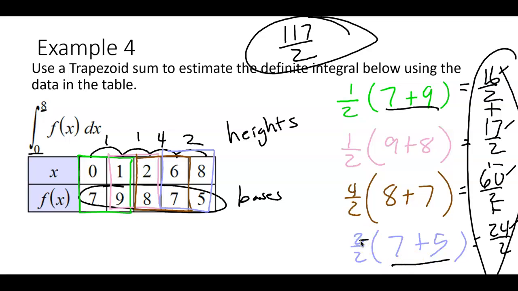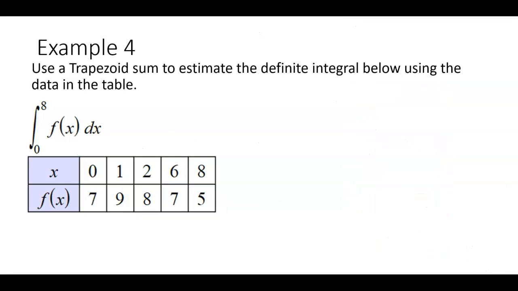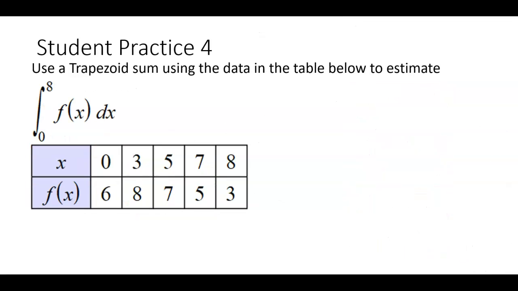The reason I did that is because now they all have the same denominator and it's easier for me to add them together that way. But if you want to simplify them as you go, and let's say you get lucky and they all turn out to be even numbers that can be divided by 2, okay, that works too. It's just that a lot of times I find they end up being odd, and then you got to go back and put them all over 2 again to get your answer.